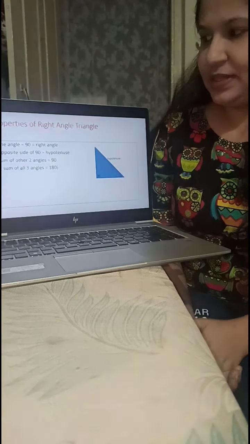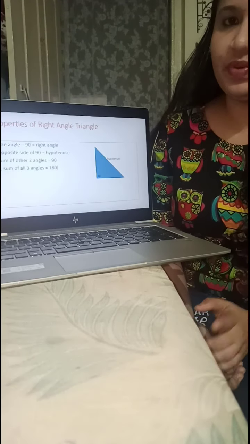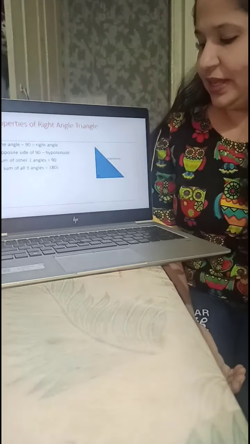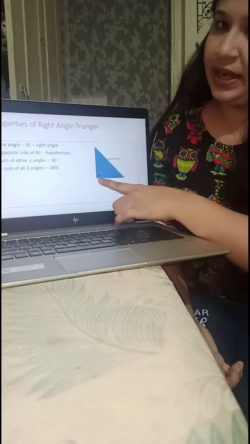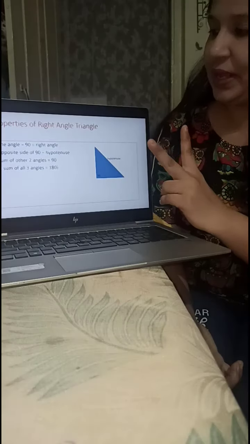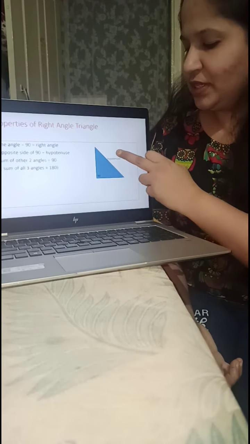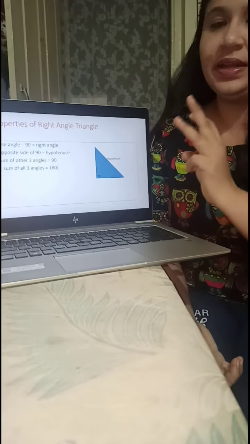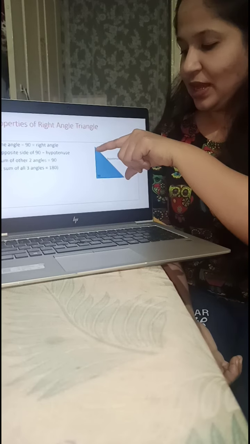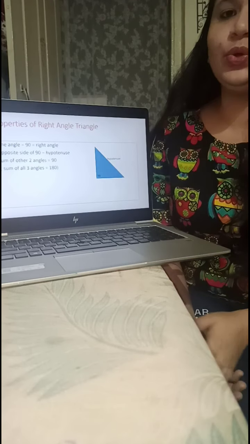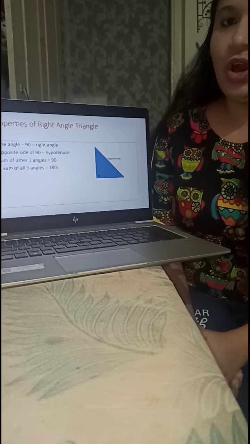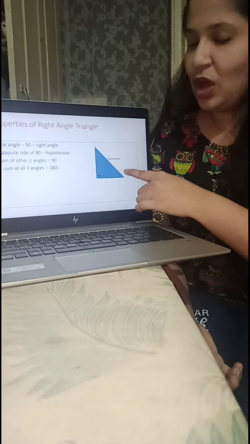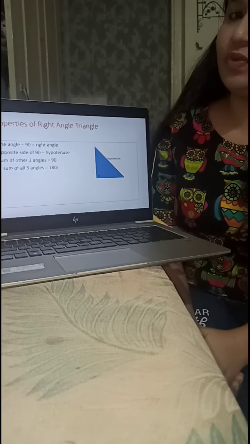First property is one of the angles of a right angle triangle is 90 degree, called a right angle. Second property is the opposite side of that right angle is called the hypotenuse. And the third property is the sum of the other two angles equals 90 degree, because we all know the sum of all three angles of any triangle equals 180 degree.